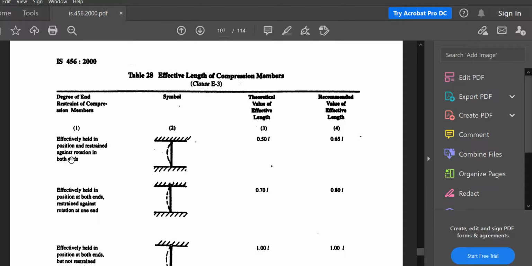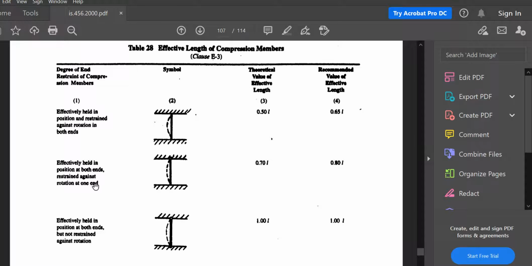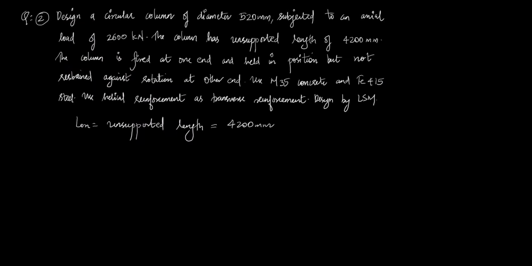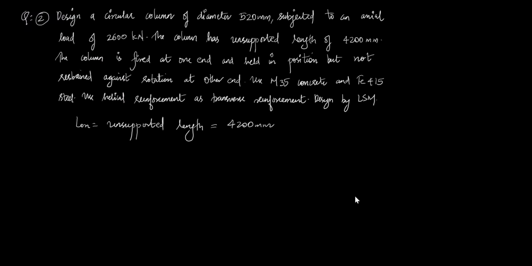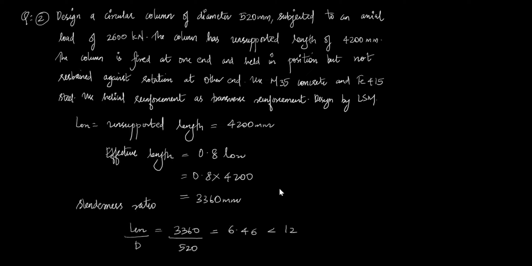In Table 28, effectively held in position at both ends, restrained against rotation at one end. In the question also it is given like that. It is fixed at one end and held in position but not restrained against rotation at the other end. So we will go for number 2, that is, the recommended value for effective length is 0.8 L. So we will get the value for effective length as 0.8 of L0X, that is 3360 millimeter.